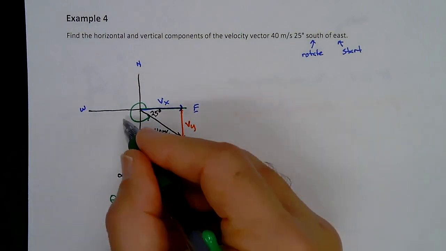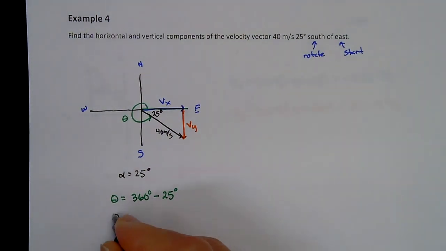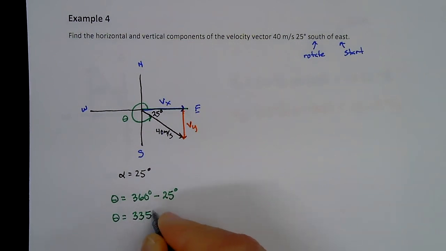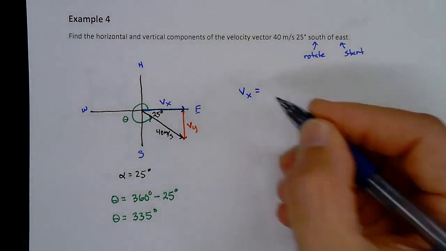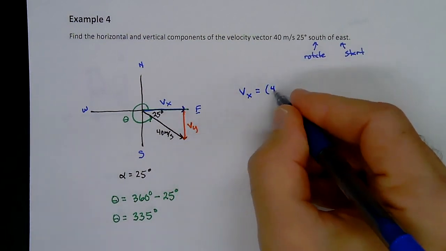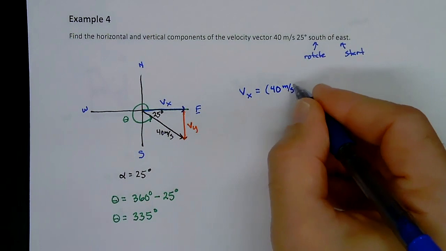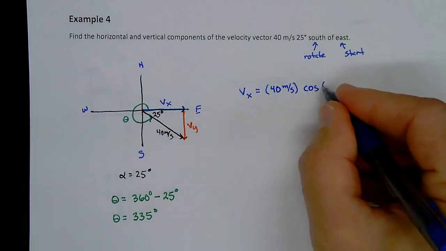And that would be this angle of rotation, theta. And so that would give you 335 degrees. Which means V sub x, the velocity for the x component, would be 40 meters per second cosine of 335 degrees.